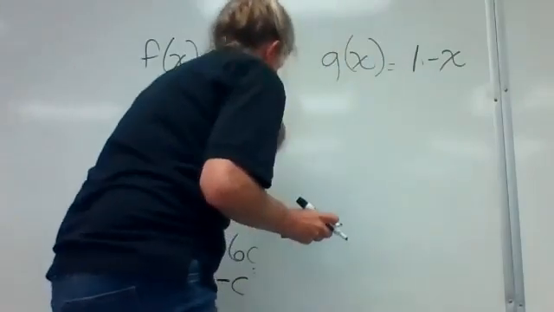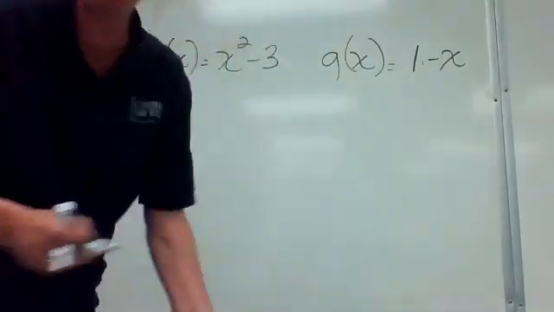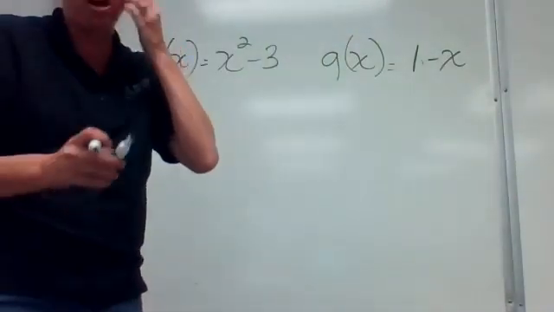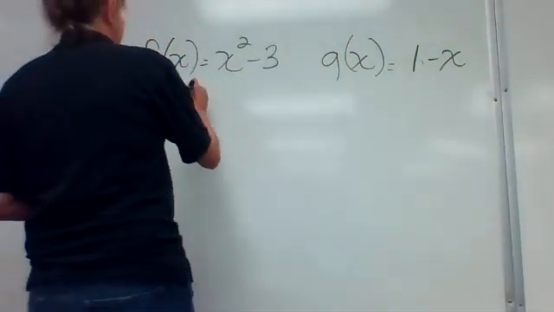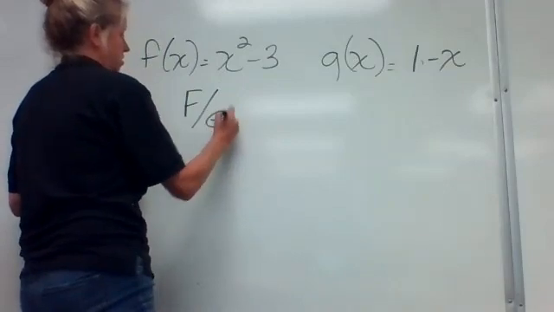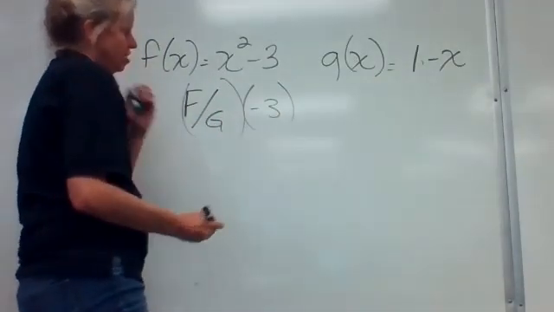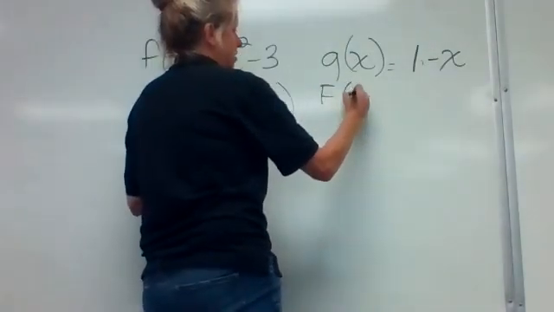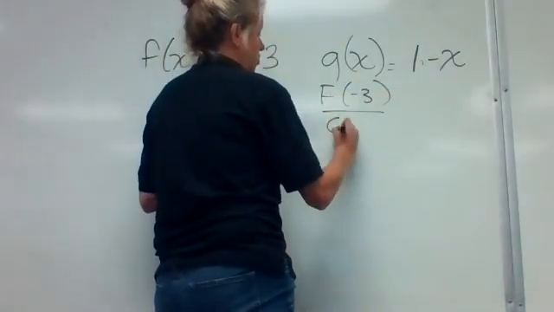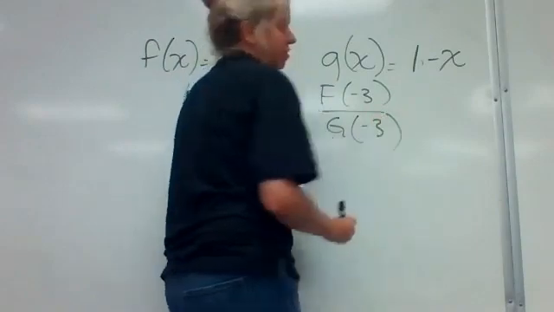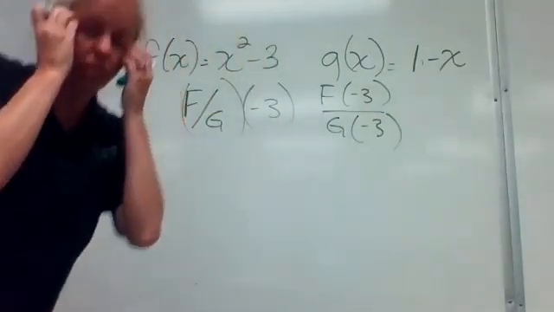Let's see, what does it want me to find this time? It wants me to find f over g of negative 3. Or f of negative 3 over g of negative 3.